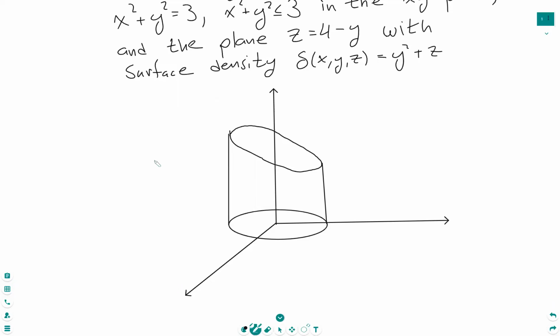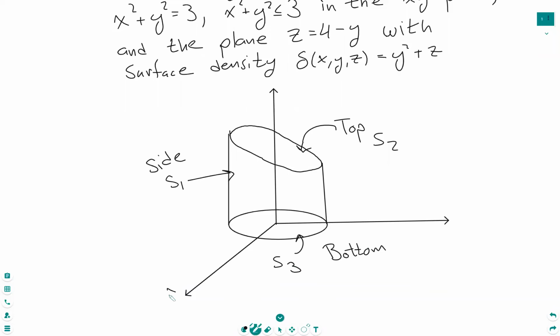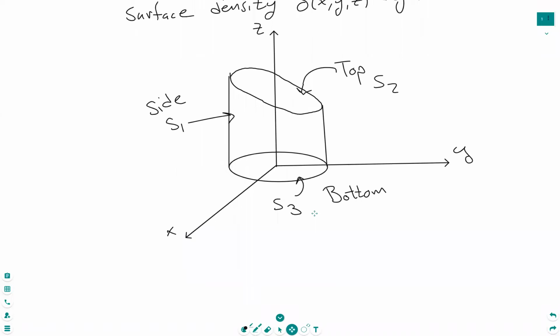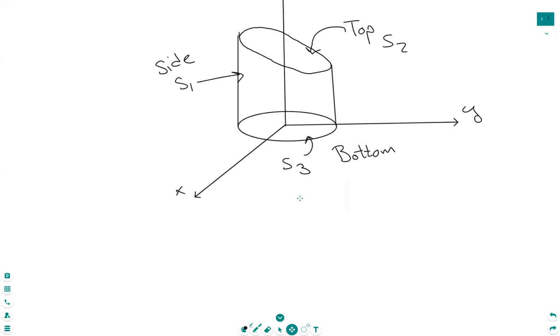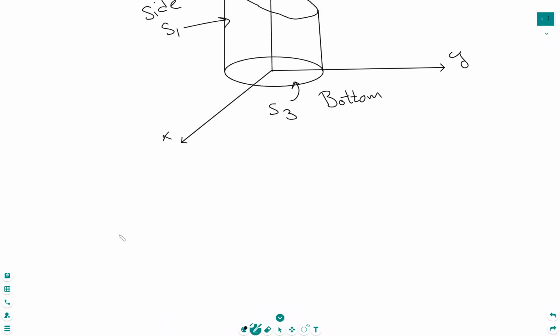I'm going to first say that the side is surface number 1, the top is surface number 2, and finally the bottom is surface number 3. Of course, this is in our x, y, z. Okay, now that we're going to break these up, let's start with S3. S3 is actually going to be pretty easy for us to do, and you'll see why in a second. Maybe you can already guess.